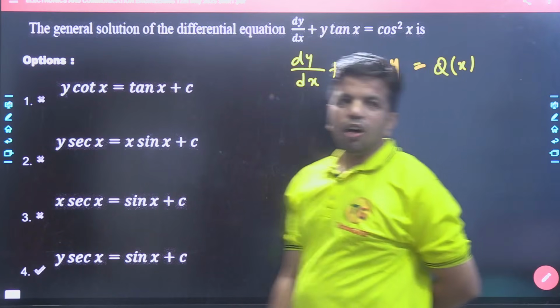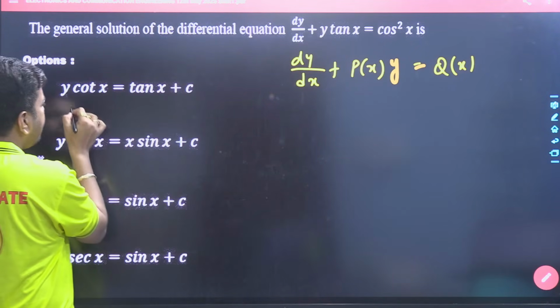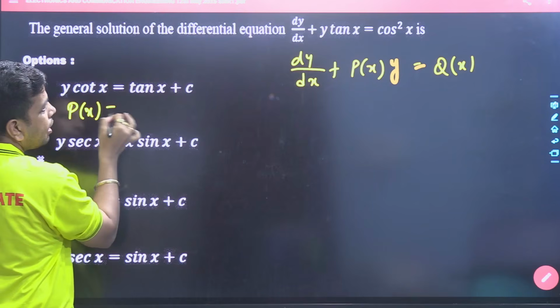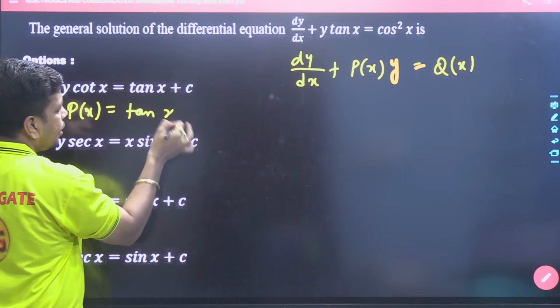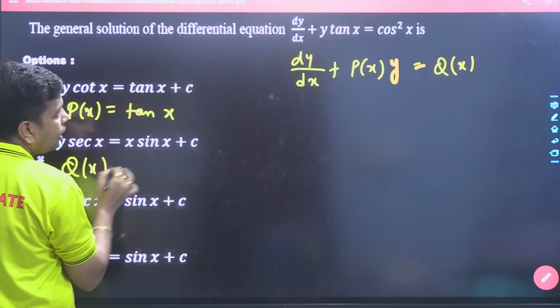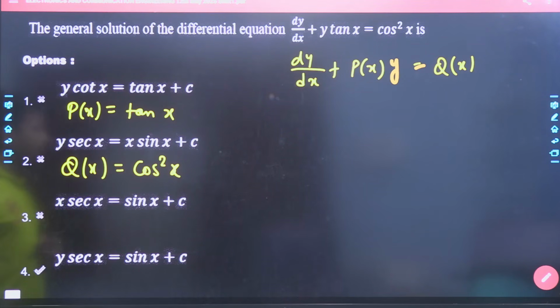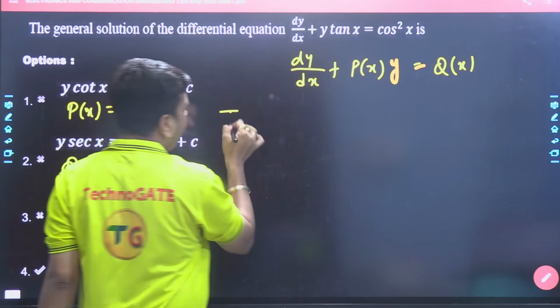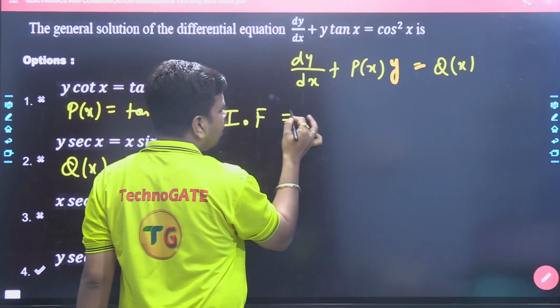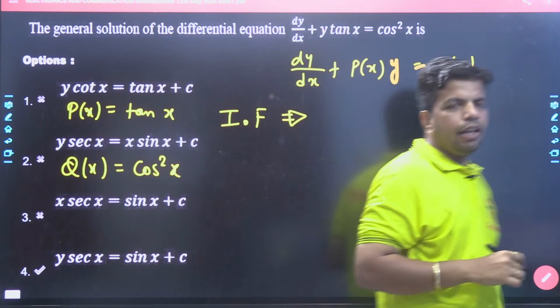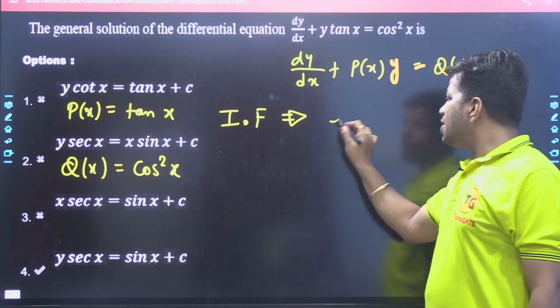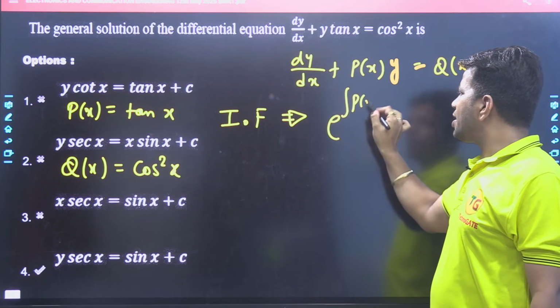With the help of that, what can we say? The value of P(x) is tan x, and the value of Q(x) is cos square x. Now find the integrating factor. What is the formula for the integrating factor? Can we say that it is e raised to the integration of P(x) with respect to dx?